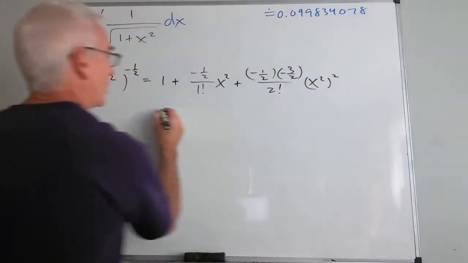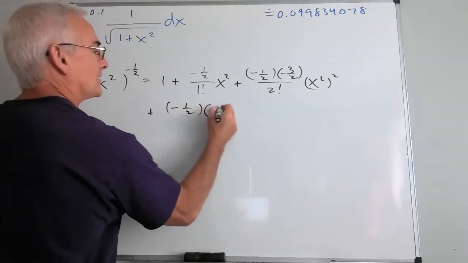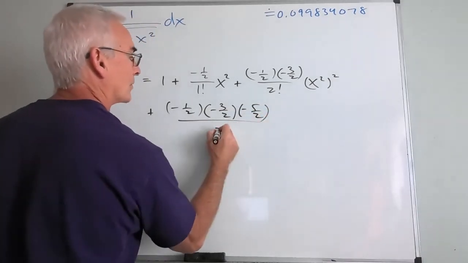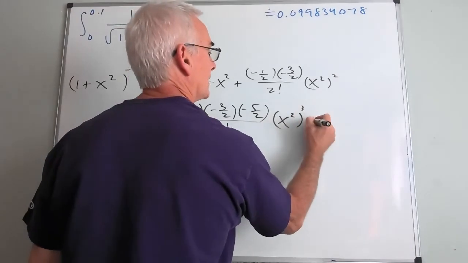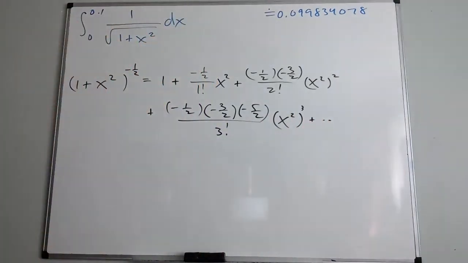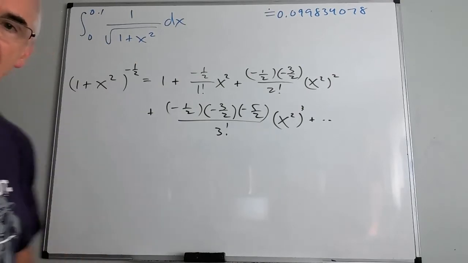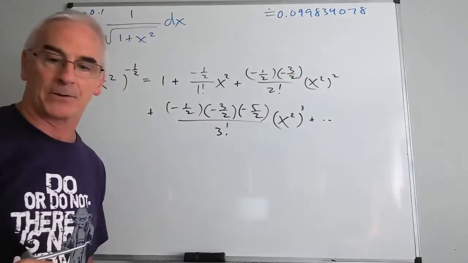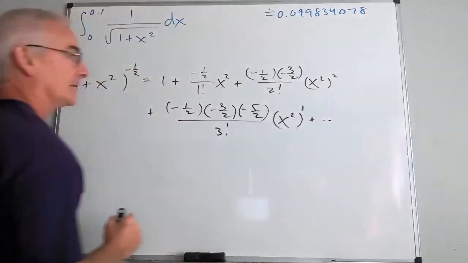Okay, I'll do the first few terms, plus -1/2, -3/2, -5/2 over 3 factorial x squared cubed. Now this is going to go forever. What I want to see is a pattern as soon as I can possibly see a pattern. Now you recognize I'm going to see the 1, 3, 5, 7, 9 pattern. That's pretty clear. It's also going to alternate.